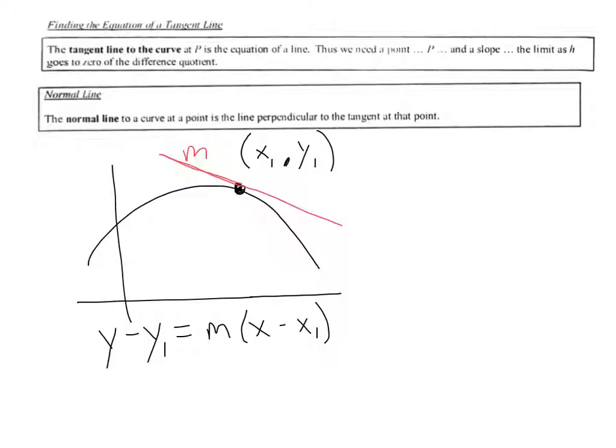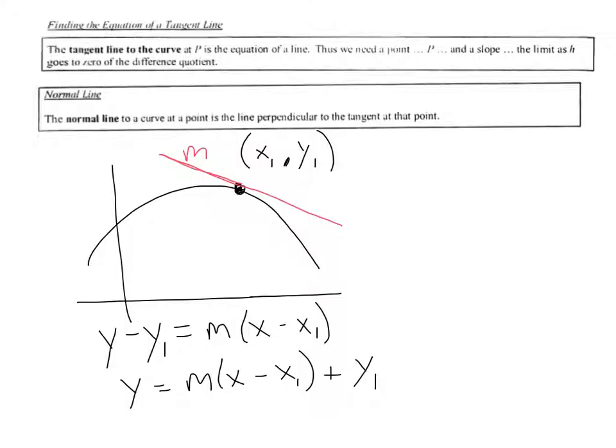The way that I usually use this now is y equals m times x minus x sub 1, and then add the y sub 1 at the end. So we know these three things. We know the coordinates, both parts, and we know the slope, so we just plug them into the right parts of that formula.